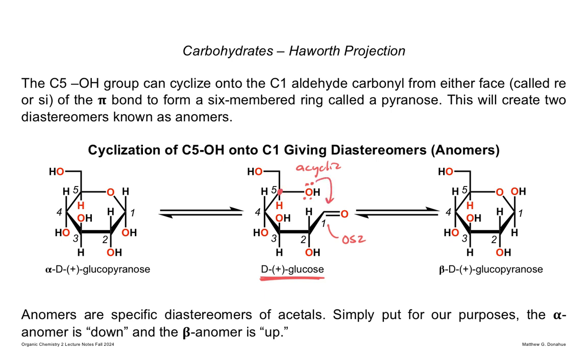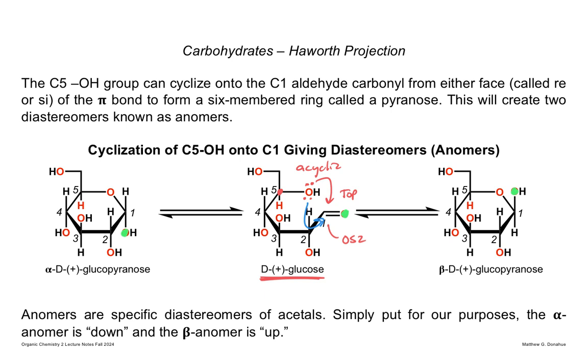That can attack from the top or the bottom face of that aldehyde. And so when that forms a 6-membered ring, the OH, which I'll color in green here, of that carbonyl, that OH can either go up or down.